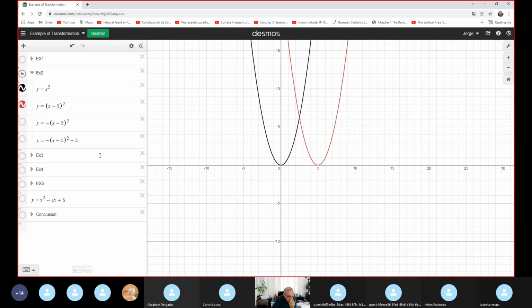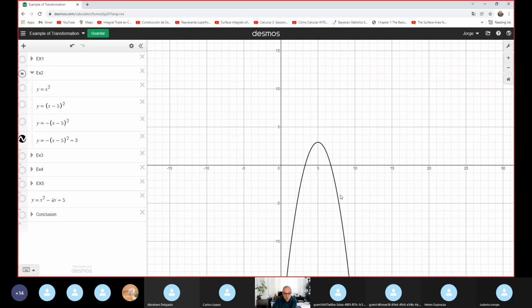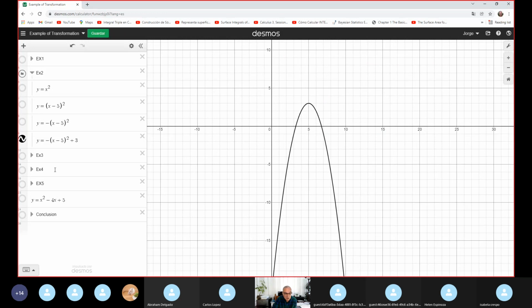The second is a negative 1 in front of the original expression, of course a reflection. But what kind? Well, a reflection with respect to the x-axis, because it's outside the parenthesis, no? It's the blue one. Reflection, I did that. And finally, plus 3 is a vertical shift 3 units up, because it's positive. Boom. And this is the final answer after the 3 transformations.